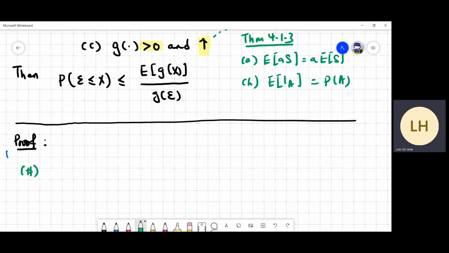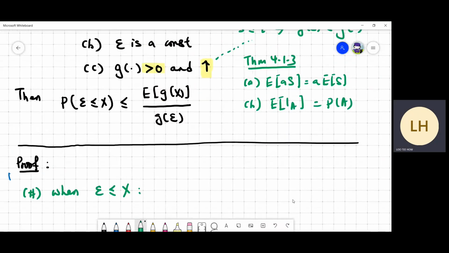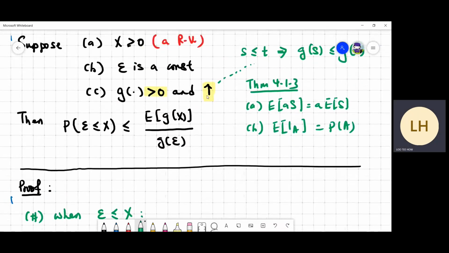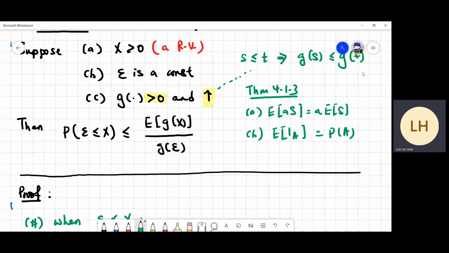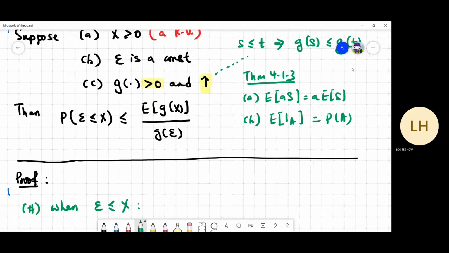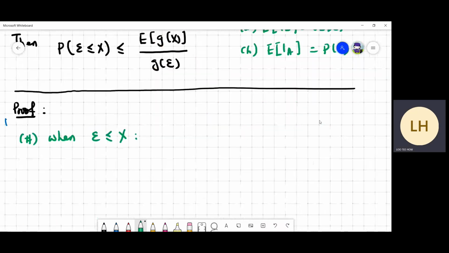First of all, when epsilon is less or equal to X, as we mentioned just now, because G is an increasing function, whenever S is less or equal to T, G of S will be less or equal to G of T. So when epsilon is less or equal to X, we must have G of epsilon less or equal to G of X. This is because G is an increasing function.